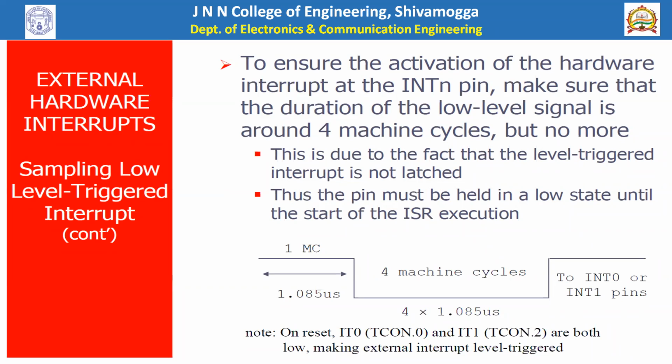So you have to keep the low level signal on the hardware interrupt INT pin for at least 4 machine cycles. Then it will consider that there is an interrupt. Thus, the pin must be held in a low state until the start of the ISR execution. Until the interrupt service subroutine starts executing, you should make sure that a low level signal is put on the INT pin.